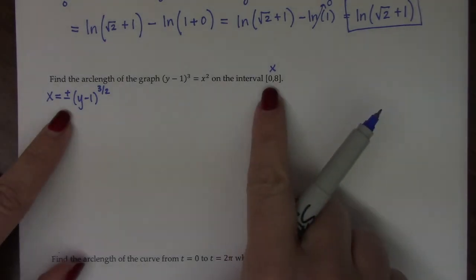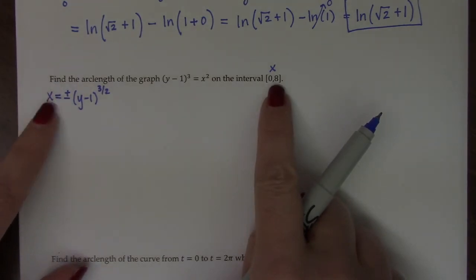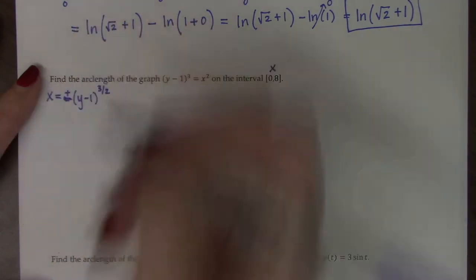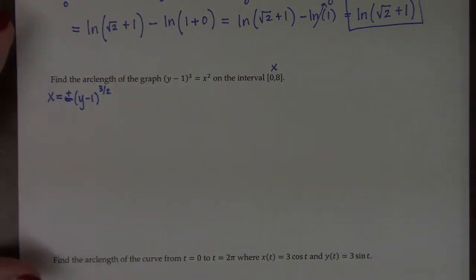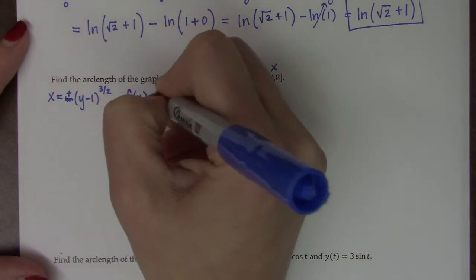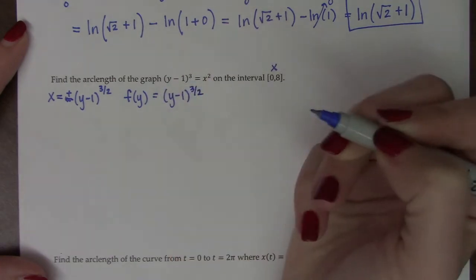However, if you look at the bounds on x, these are from 0 to 8. These are positive x values. So x can't equal something that's negative, so we keep the positive case. So f of y is just y minus 1 to the 3/2.